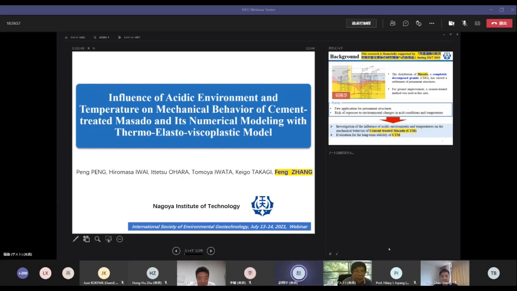So here, I would like to introduce the recent research topic: the influence of acid environment and the temperature on mechanical behavior of cement-treated Masado, and its numerical modeling with Thermo-Elastoviscoplastic Model. I remember that just last year, I gave a similar talk on this research in the summer seminars held by Professor Jiang Jing of Tianjin University.